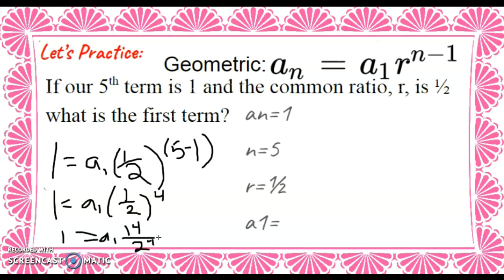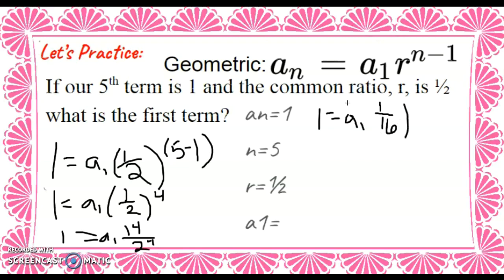One to the 4th is just 1, and 2 to the 4th is 2 times 2 times 2 times 2. That's 16. So rewrite it over here. We have 1 equals A1 times 1/16.